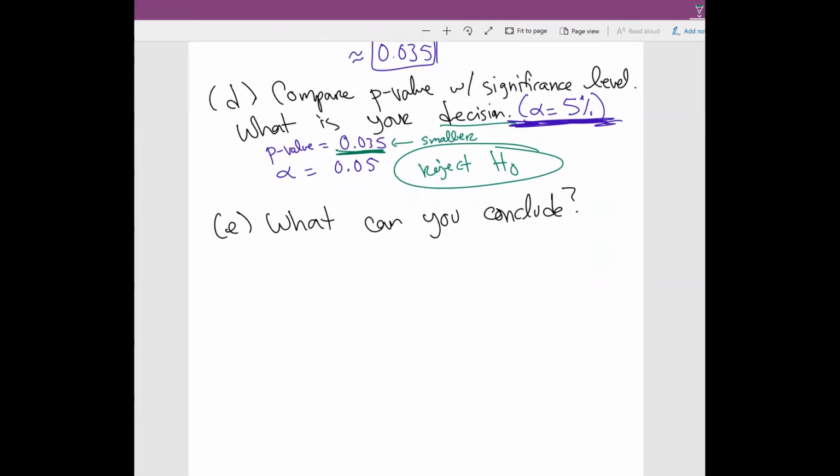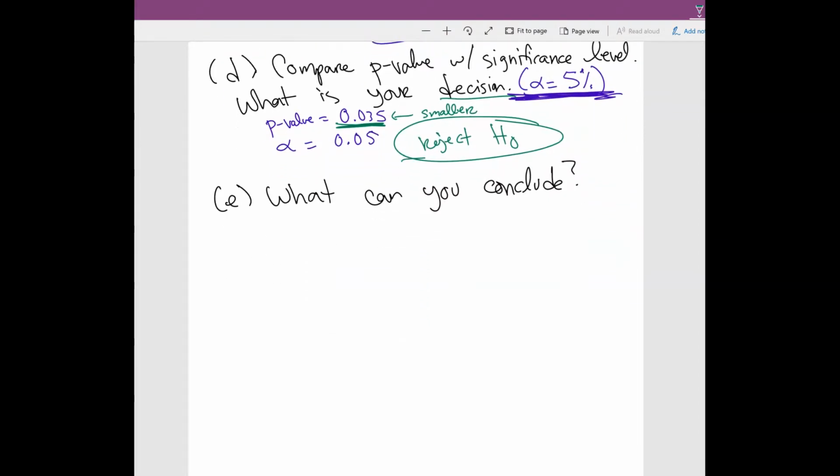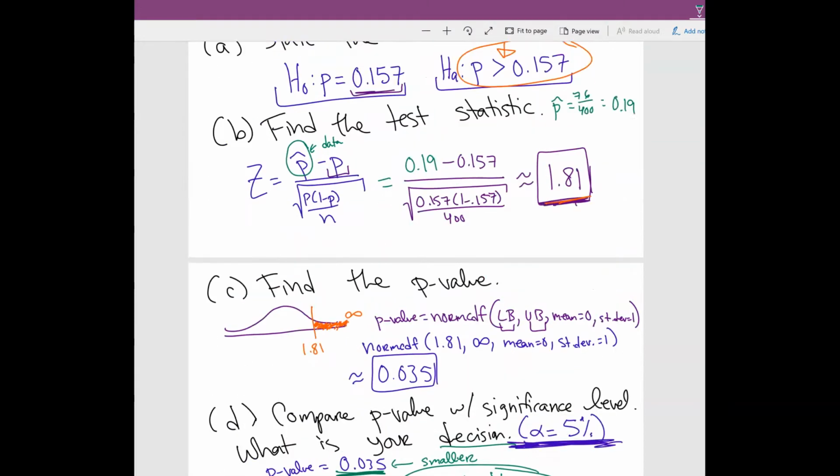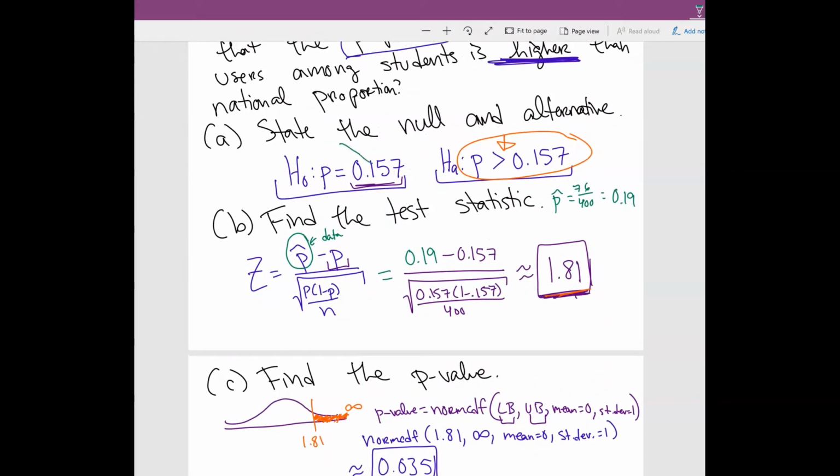Now my last one says, what can you conclude? Well, because we reject H0, what can we conclude? Well, let's go back up. Since we're rejecting H0, we're saying you are wrong. So what can we say? We say that there has been an increase in the national proportion.